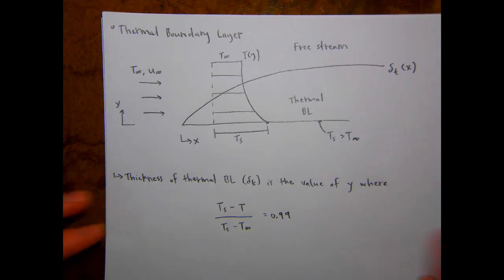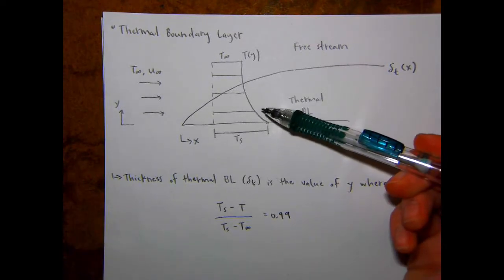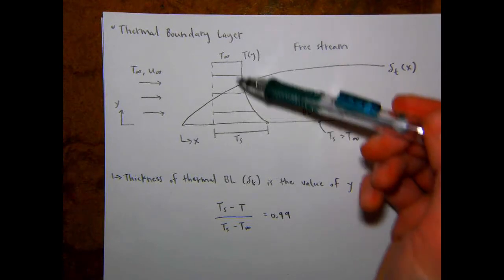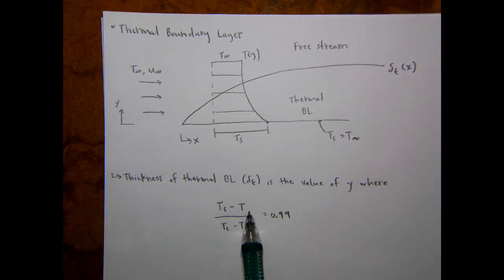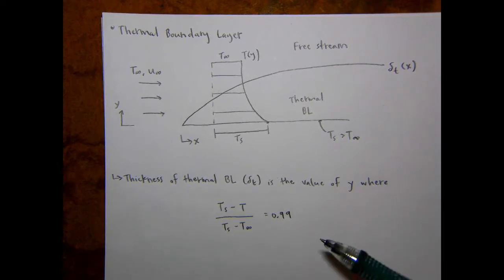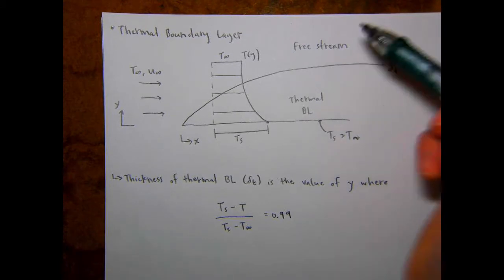So if the temperature in the boundary layer has recovered to T-infinity, then this would be T-infinity here, and you just get 1. So that's basically saying that the temperature has recovered to the free stream value.